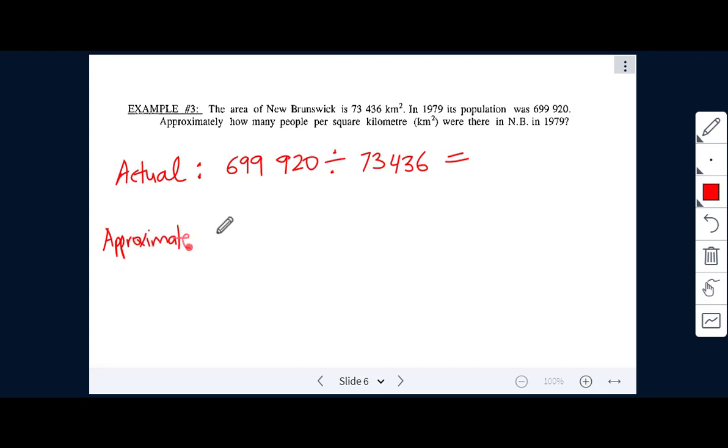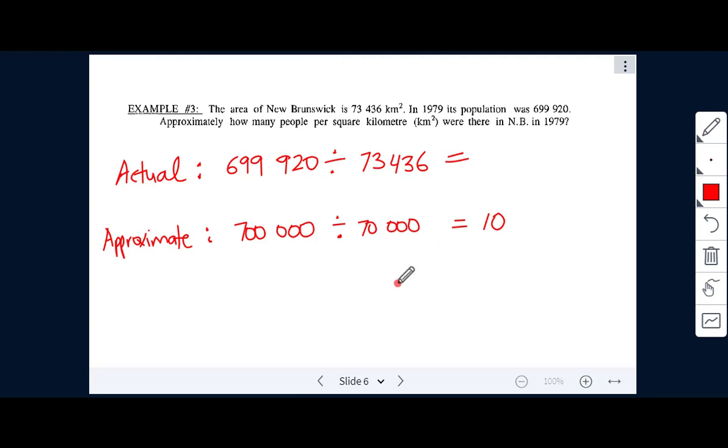Yeah, we can round these numbers. Round 699,920, round that to 700,000, and divide it by, we can round 73,436, we'll round it to 70,000. Much easier to do, which gives us an answer of 10.